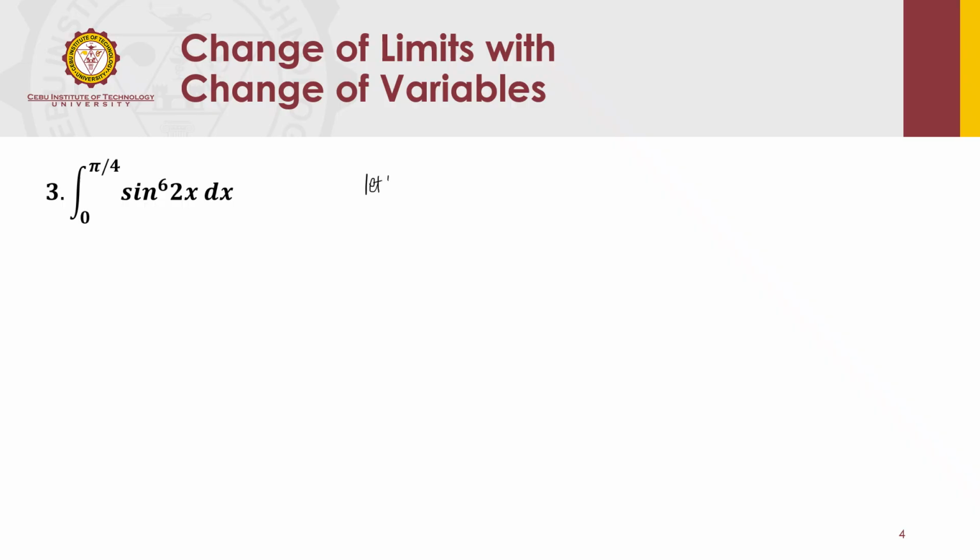So if we let 2x be the u, so du is 2 dx. So we need to multiply the given integrand by 2 and then balance by multiplying with 1/2. So no changes in the lower limit, because if x is 0, then u is also 0. It's 2 times 0 or 0.